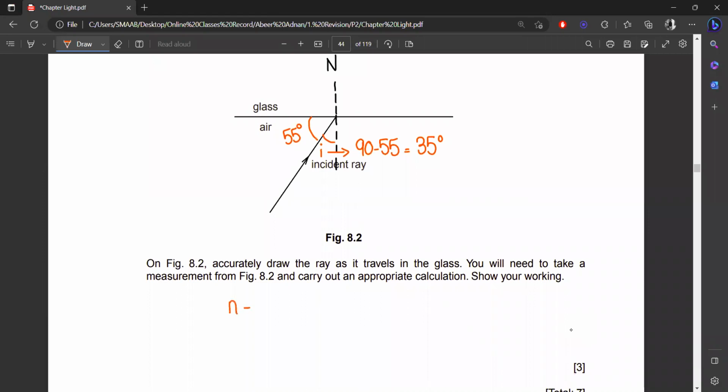Now we easily calculate. sine i divided by sine r equals the refractive index, because now we are moving from rare to dense, and r will be equal to sine inverse of sine 35 divided by 1.5.